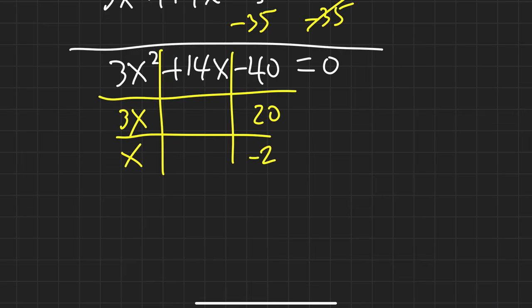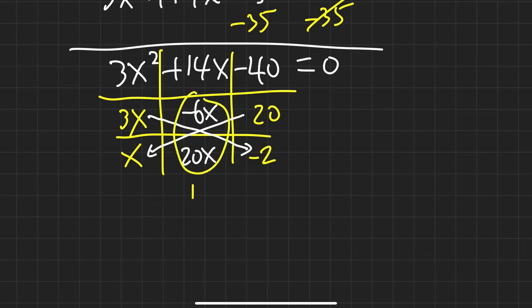So I'm going to make the 2 negative, and we see 3x times negative 2 is negative 6x. 20 times x is 20x. Together, we do end up with 14x. So it checks.